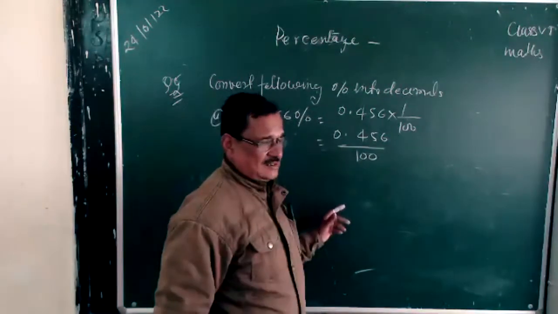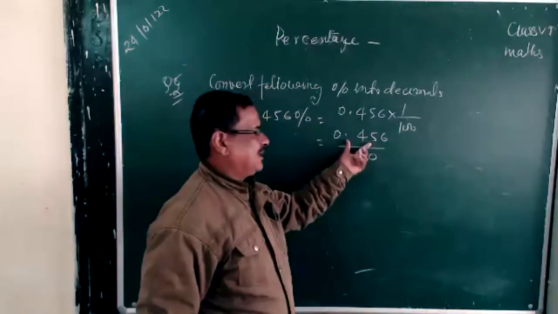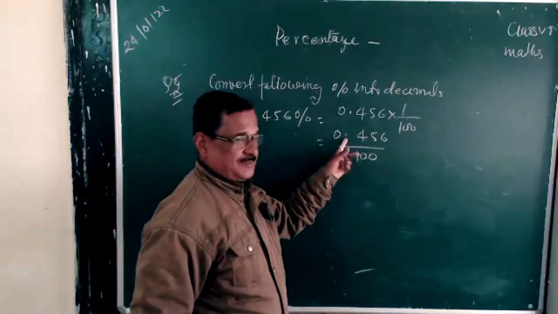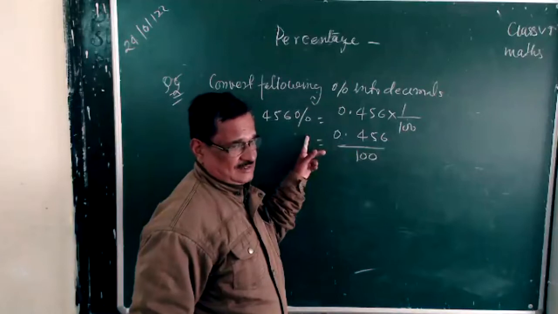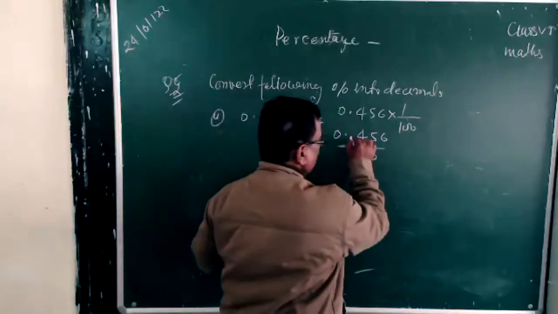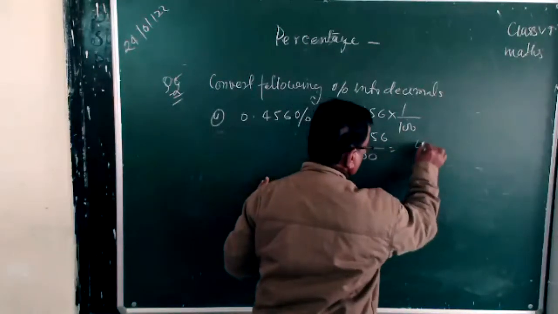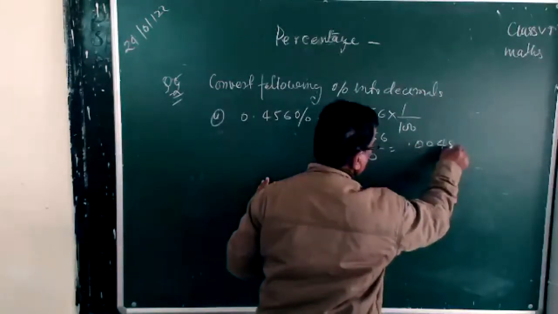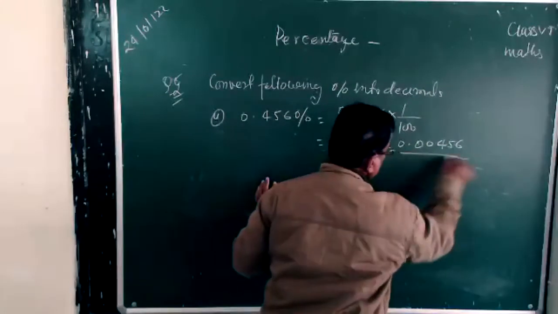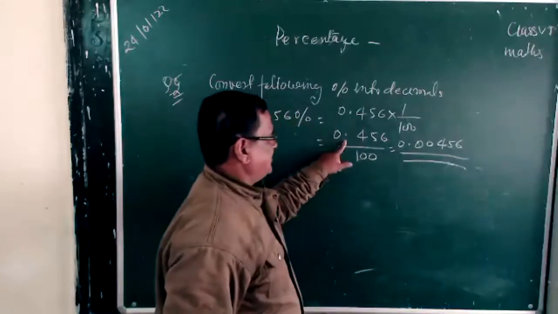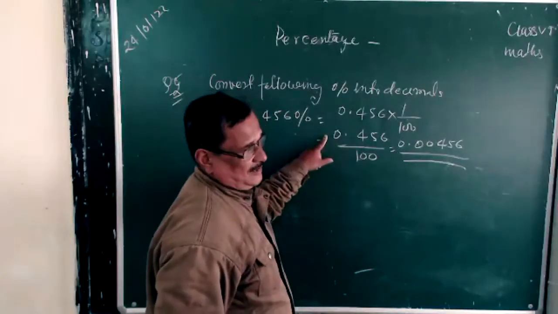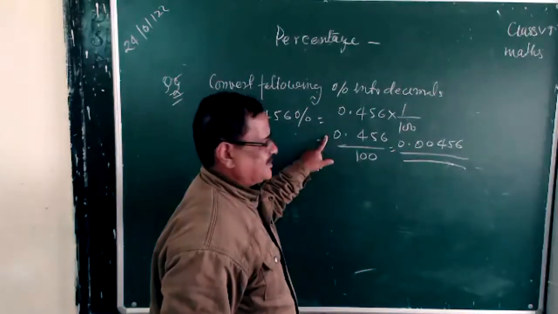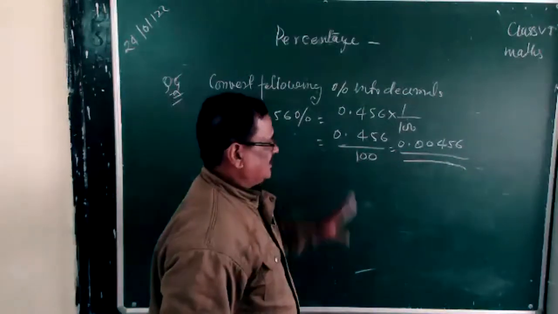Any decimal number divided by 100 has its decimal shifting 2 digits to the left side. So add 2 zeros, then write 4 5 6. The decimal shifts 2 digits to the left, and that becomes 0.00456. That is the decimal.